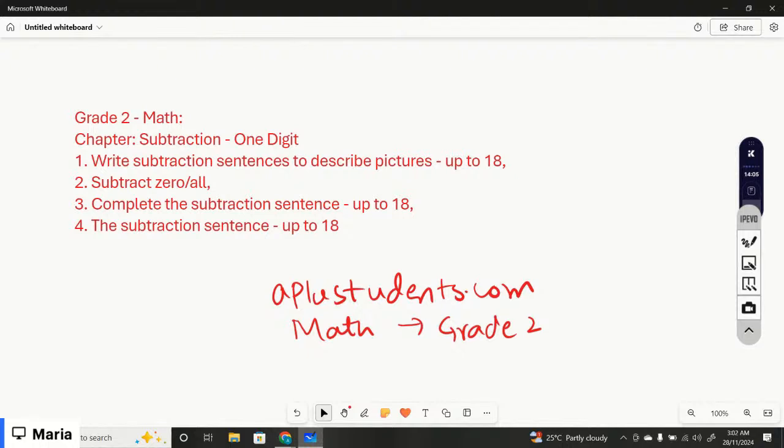The lessons we're going to cover today are write subtraction sentences to describe pictures up to 18, subtract 0 slash all, and complete the subtraction sentence up to 18.